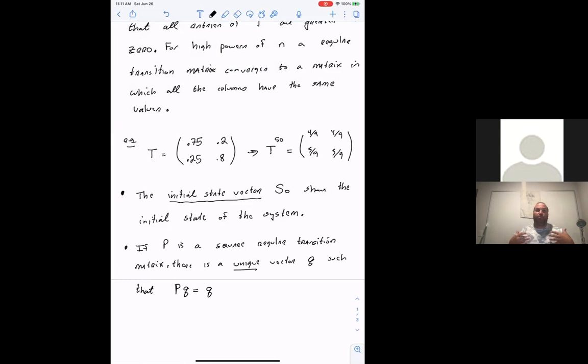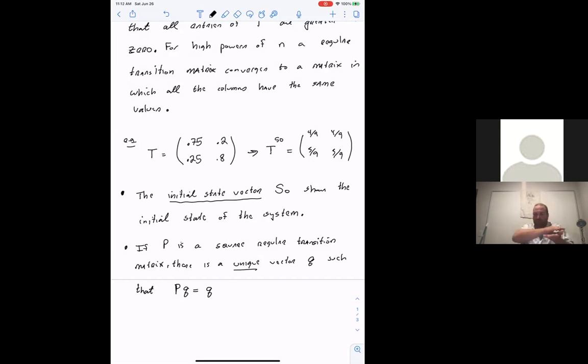Because this is the idea that eventually we want our state to converge to a specific state. We want the system to converge to a specific state. If I'm at that steady state, if I'm at the one that I'm going to be at forever, and I keep transitioning, then it's going to keep getting me back to the same state because it's steady.